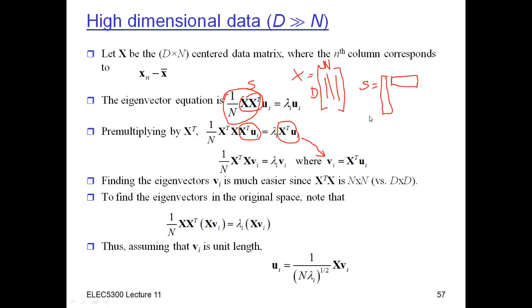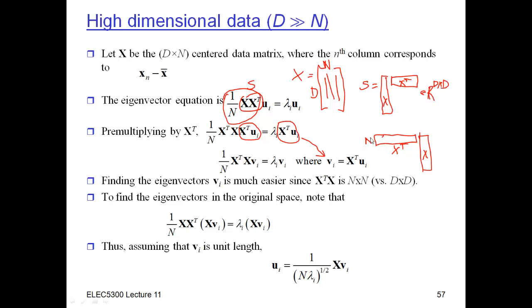And so if I look at what is X transpose times X, X transpose is this long skinny thing. So this is X transpose. And this is X. Whereas the other case, this was X and this was X transpose. And so this is going to give me something in R D by D, right?